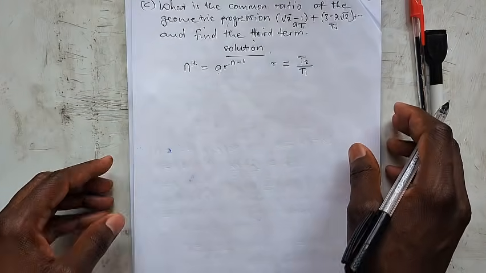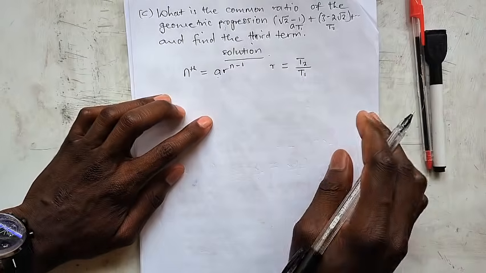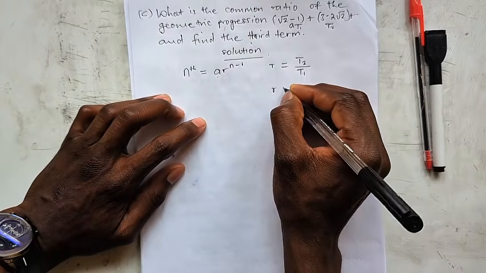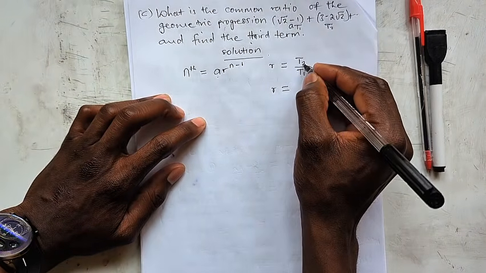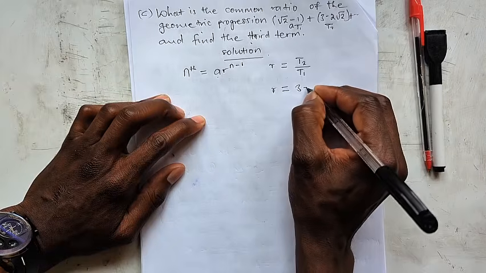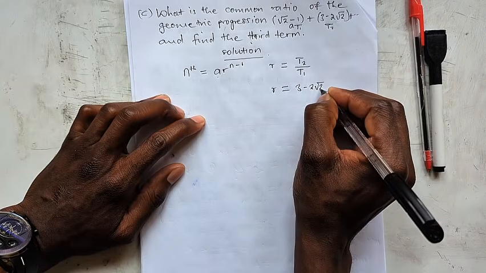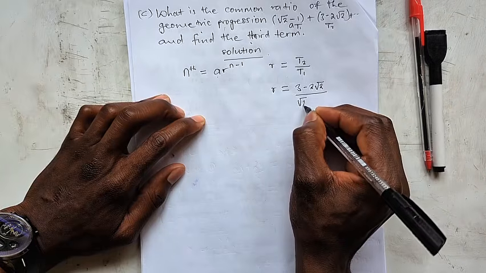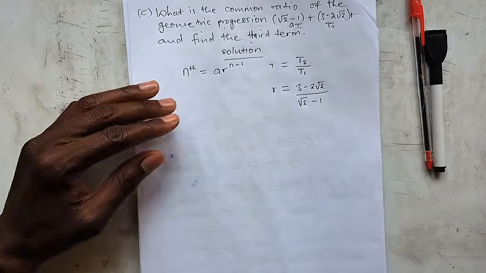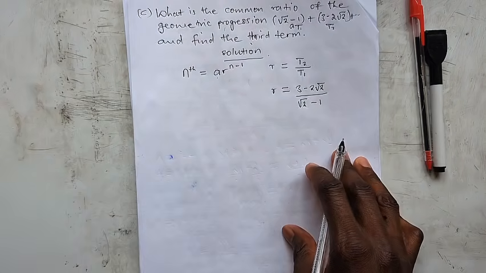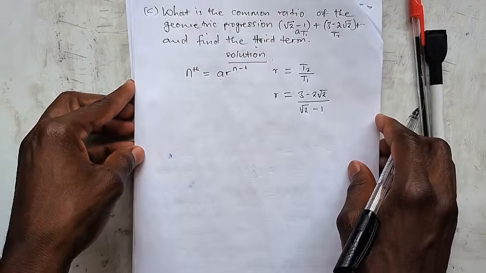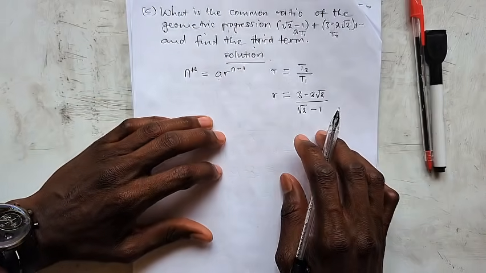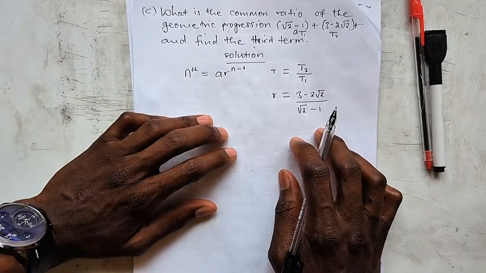So where we have a, it represents the first term. Okay, so how do you get the common ratio? Common ratio r has to be equal to the second term, which is 3 minus 2 root of 2, over our first term, which is square root of 2 minus 1. You are not supposed to leave your denominator in the form of a surd.